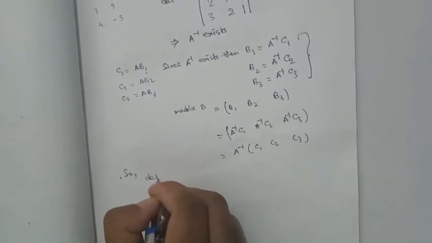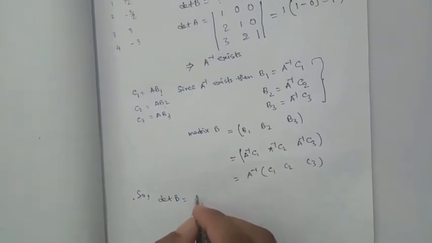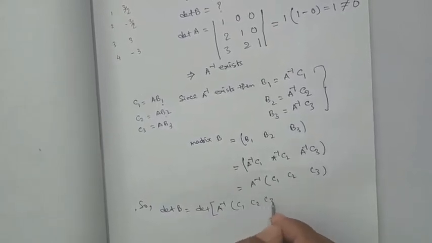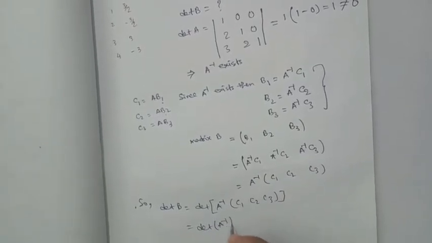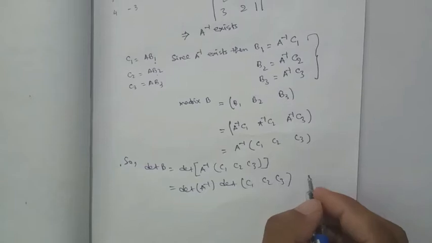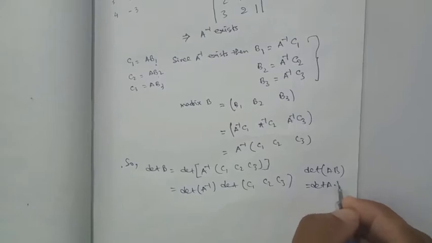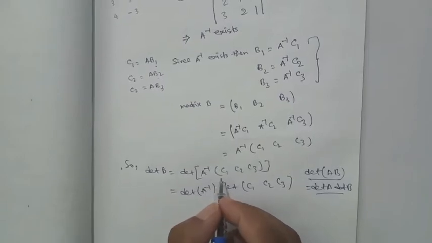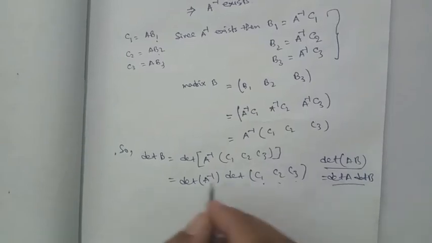So det B equals the determinant of A inverse into the matrix C1, C2, C3. Using the formula that determinant of AB equals determinant A into determinant B, we split it as determinant A inverse into determinant C1, C2, C3.